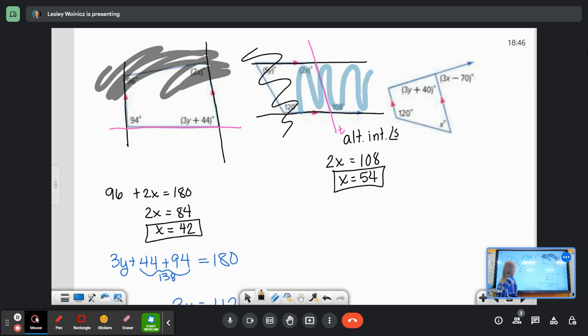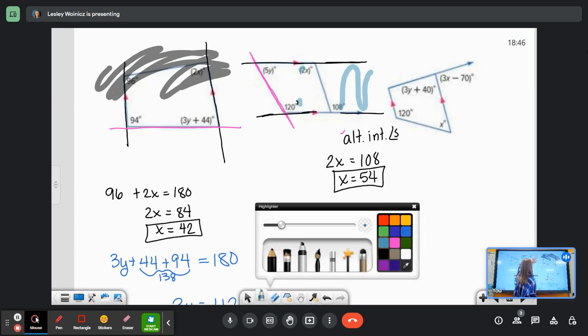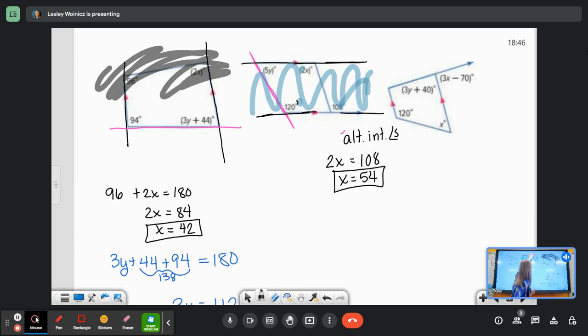Now I'm going to look at the other part of the problem. Now, this is going to be my transversal. Here are my parallel lines. We are still in the interior, but now we're on same side interior angles.